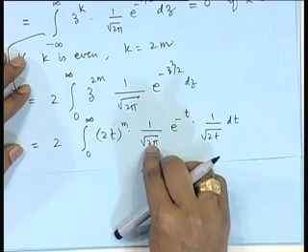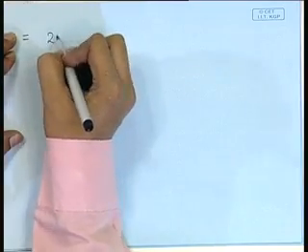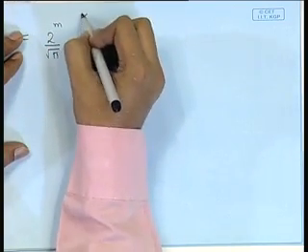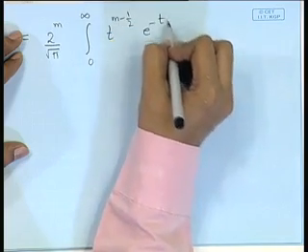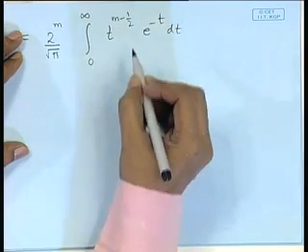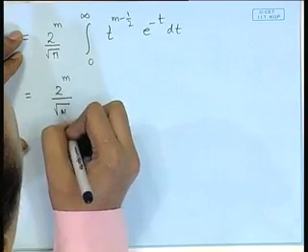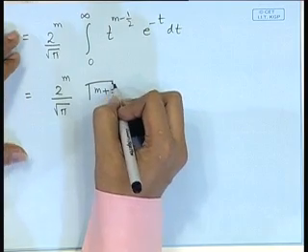Here there are 2 square root 2's in the denominator, so that will cancel with this. So we are getting 2 to the power m by root pi, integral from 0 to infinity of t to the power m minus 1 by 2 e to the power minus t dt, which is nothing but a gamma function. So this is equal to 2 to the power m by root pi gamma of m plus 1 by 2.